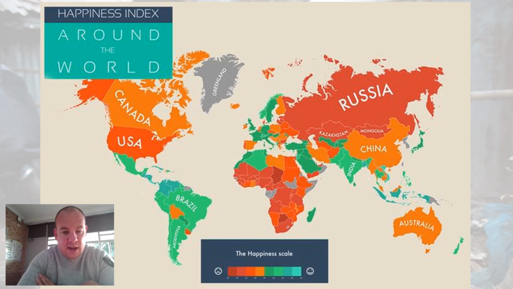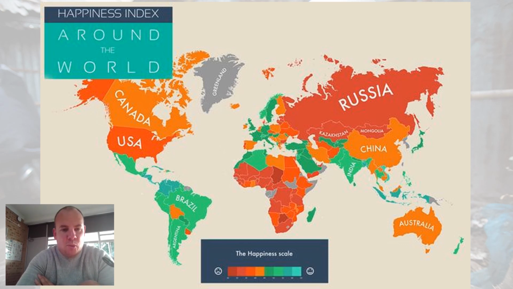We've got the USA there, one of the richest countries in the world, actually one of the unhappiest countries in the world according to this happiness index. So when we're looking at development, it's not just about money, it's about other social and political impacts as well. And don't rule out things like happiness.